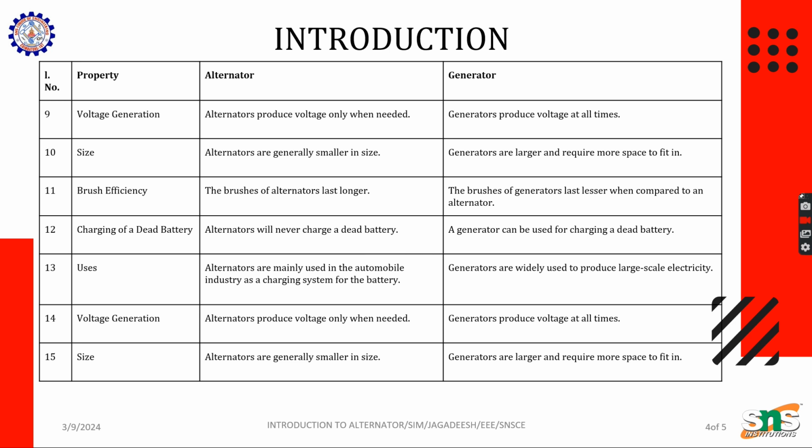But alternators are available in single phase and three phase. In a single phase alternator, the armature consists of single phase winding, and in a three phase alternator, the slots and winding will be provided for the three phases R, Y, B, and these three phases are 120 degrees displaced. So these are the simple differences between the generators and the alternators.